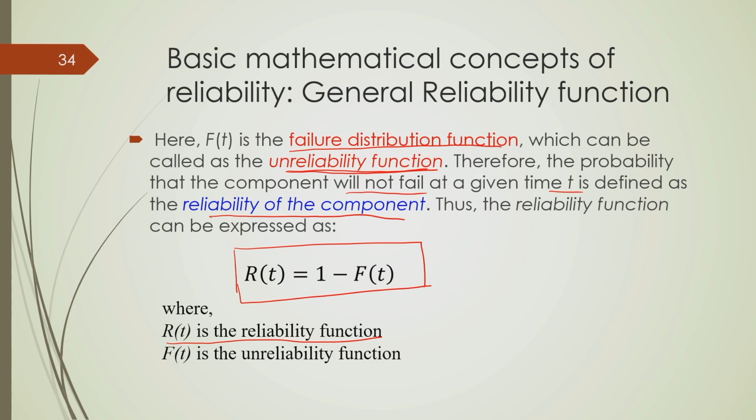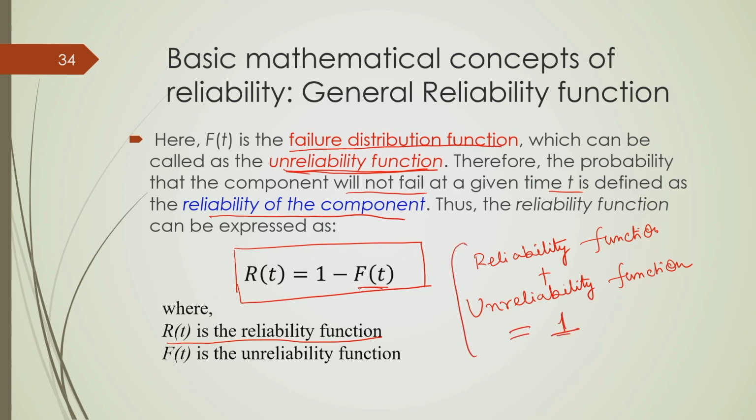So, if we call F(t) the unreliability function, then the reliability function plus the unreliability function is equal to 1. These things one needs to understand.